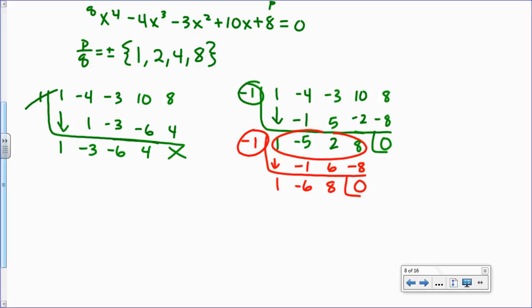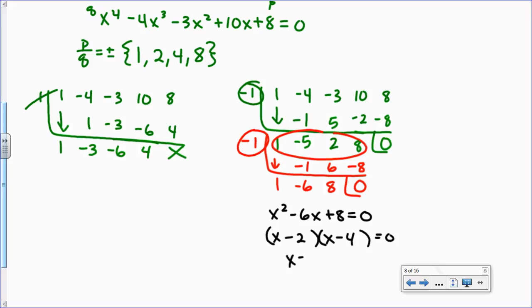But do I have a quadratic now? Yes, so I can go ahead and factor or use quadratic formula. So multiply is going to be +8 and add 3, -6. Yep, -2 and -4.